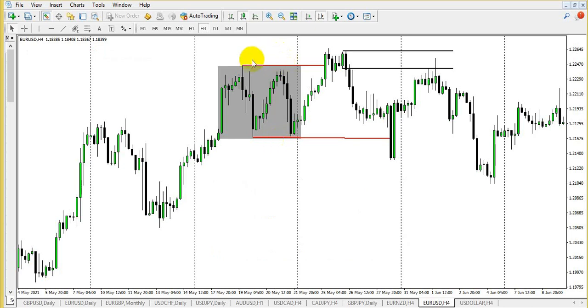Now, the first thing I look out for is liquidity grab or stop hunt. Yeah, there is something else I want to point out here. Retail traders also trade breakouts. The idea of trading breakout is when market breaks out from a particular zone or structure.